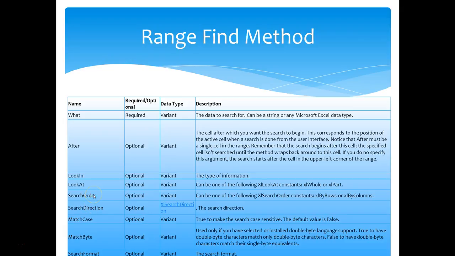For Search Order I have used Excel by columns, and for Search Direction I use Excel previous row. So we will see it practically, then you will come to know what I am talking about.